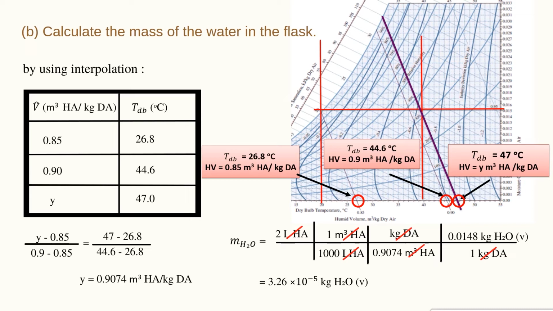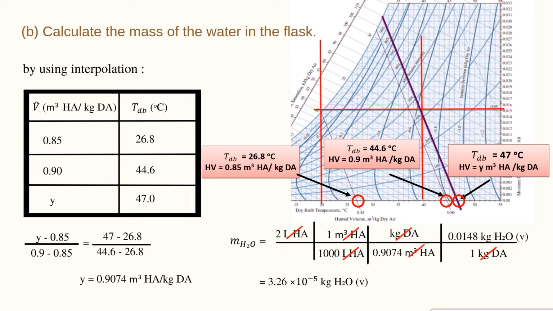Next, also use the information of humid air and dry bulb temperature at 0.9 and 0.85 meter cube per kg dry air. Use this information to do interpolation to find the humid volume. At dry bulb temperature 47 degrees C, we get the value of Y, which is 0.9074 meter cube of humid air per kilogram dry air.